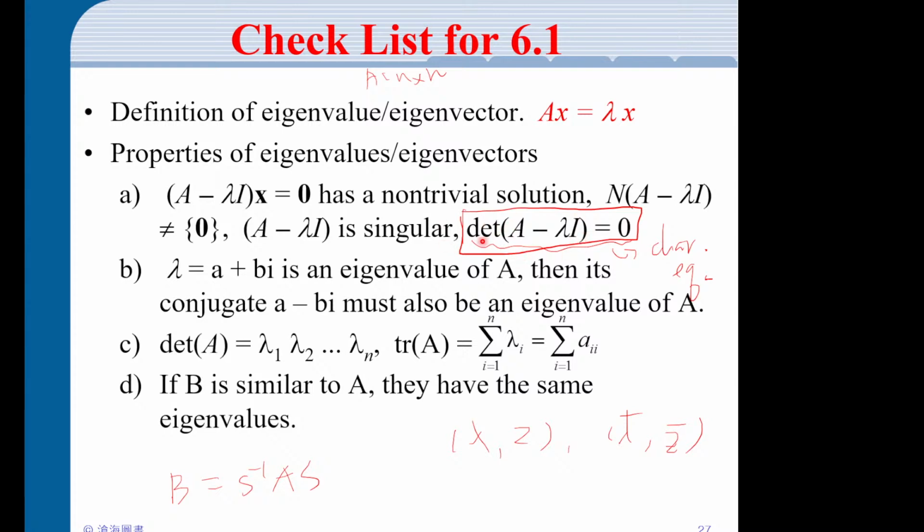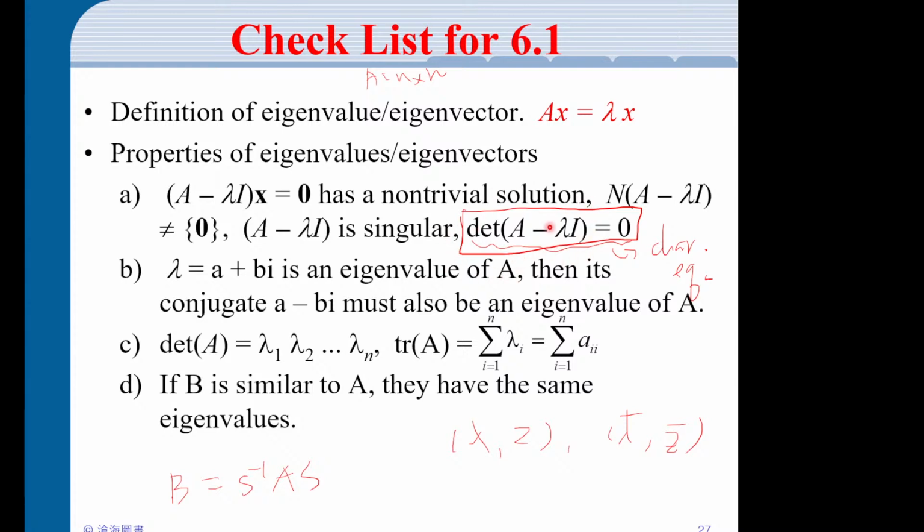You can think about the determinant of A minus lambda I as some expression that depends on this variable lambda. So you can solve for what lambda makes the determinant of A minus lambda I equal 0. This is called the characteristic equation, and this determinant, when you expand everything out, is actually a polynomial in lambda, called the characteristic polynomial.